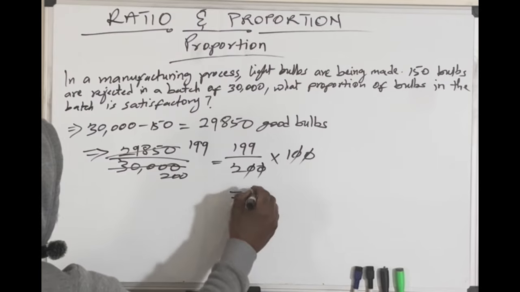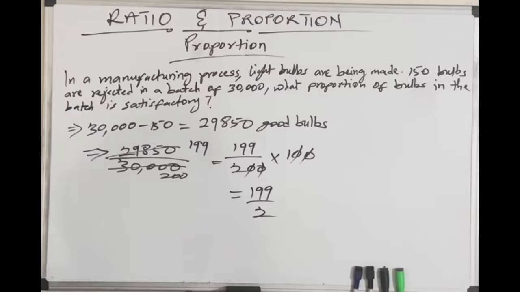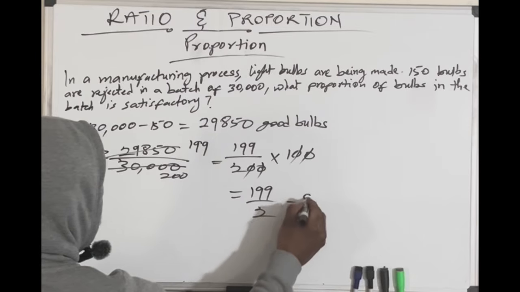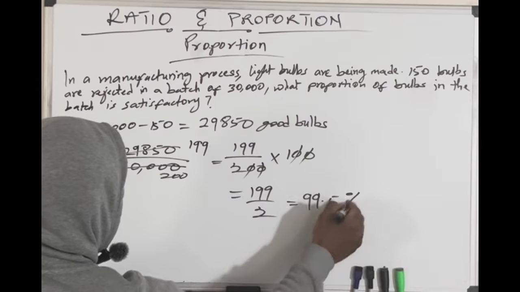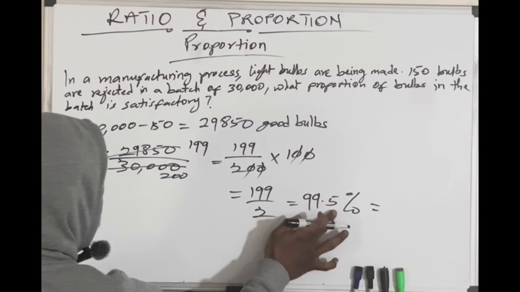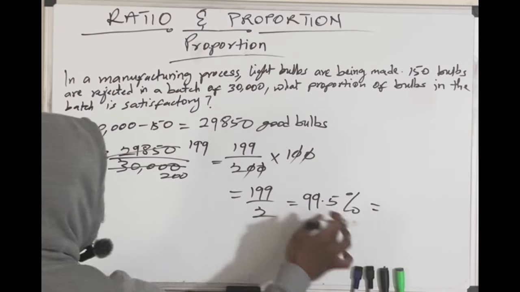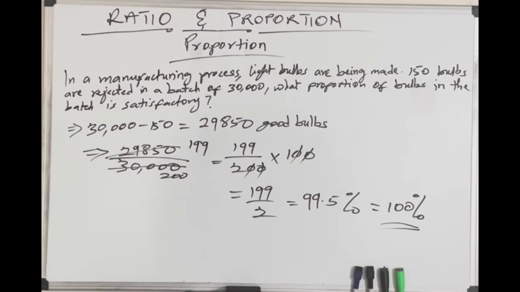We have 199 over 2. 199 divided by 2. Our final answer is 99.5%. Or you can round it up, 99.5 plus 0.5 is what? 100%. So this will be the final answer.